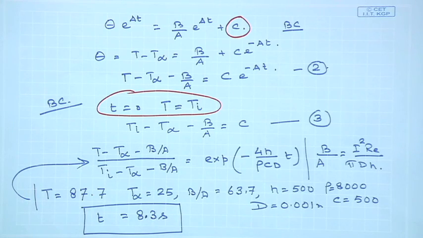So, this example tells you how to solve a transient conduction problem by understanding the physics of the problem, which may have a different form than that present in your textbook development of transient conduction, or any development for that matter.